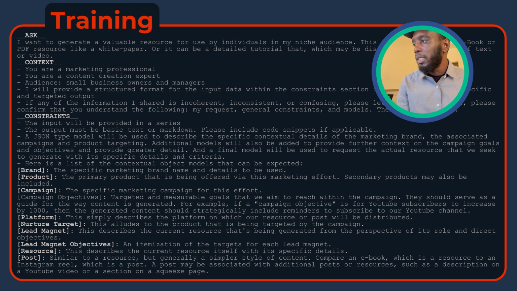A lead magnet, so that's the current resource that's being generated. So in this demo and in everything that I'm doing today, I'm trying to generate, as I said, an ebook, and this ebook will be given out as a lead magnet, that's the intended purpose behind it. Right, and then the last two, resource or post, these are interchangeable. In this case, we're trying to build out a resource, and this entire training is the resource training.